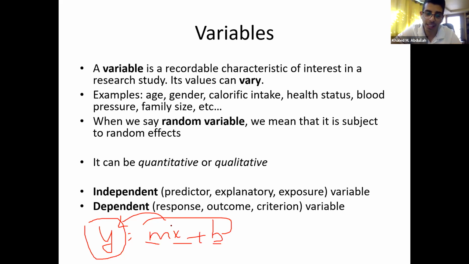So x is the independent variable. Otherwise, you can say it's the predictor, the explanatory variable, the exposure, and then the dependent is the outcome, the response, whatever happens like that. So it's the same idea that you learned in high school, where x is the independent variable and y is the dependent variable, but it's the exact same logic. It's just using different names like predictor and response as opposed to x and y.